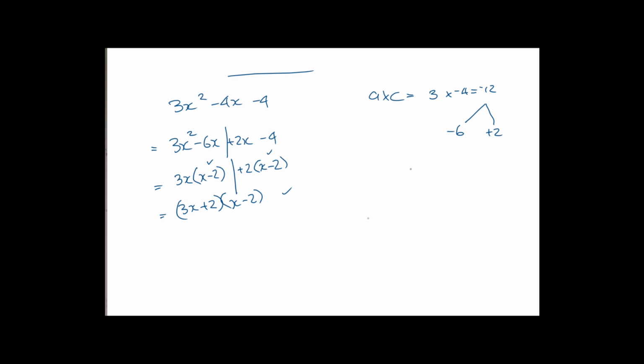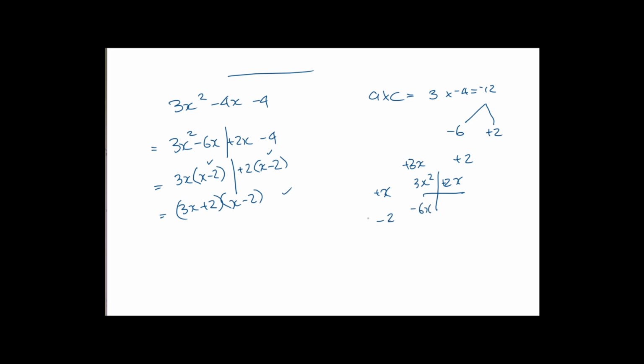Just to test it out, 3x plus 2 and x minus 2. 3x times x is 3x squared. 2 times x is 2x. Minus 2 times 3x is minus 6x.